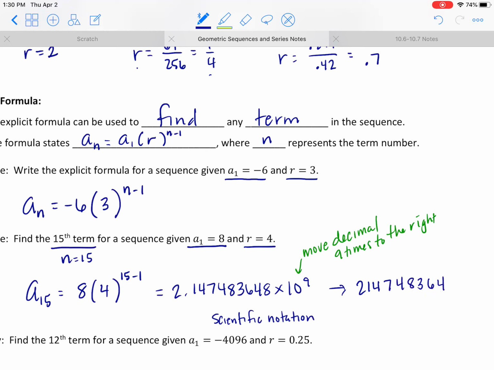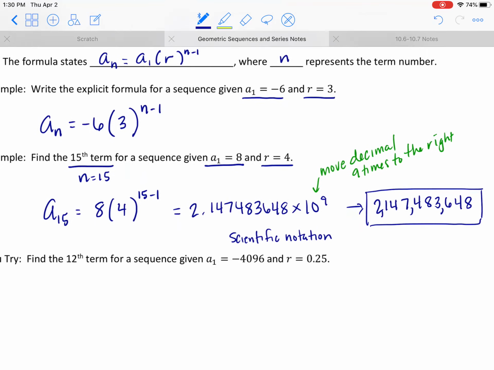So this is equivalent to 2,147,483,648, with commas put in so I can read it.